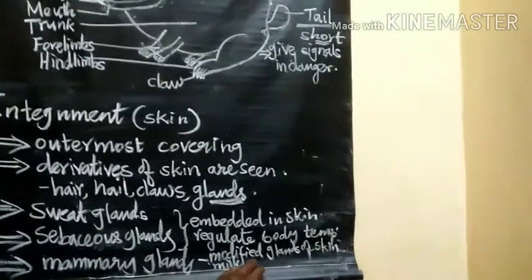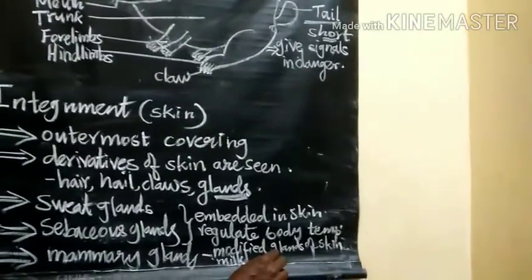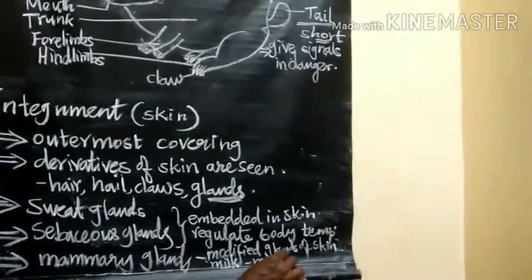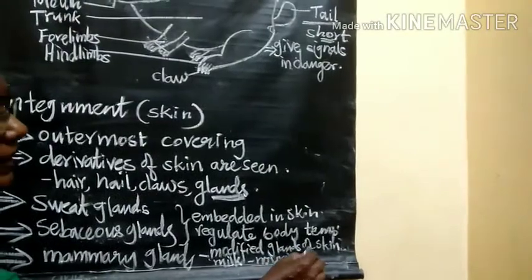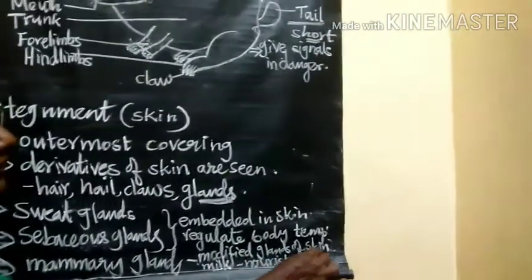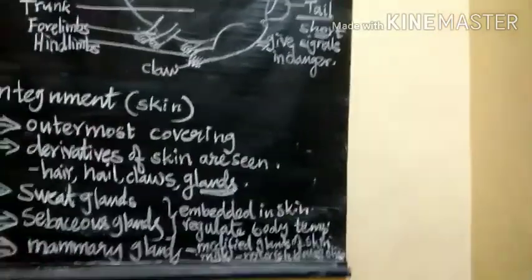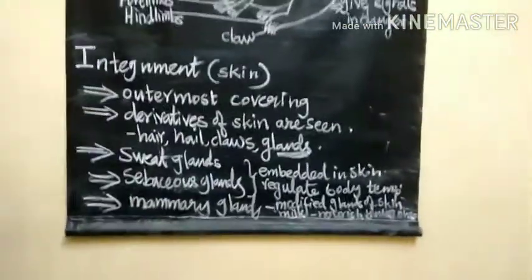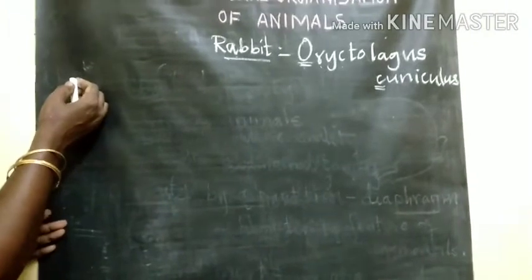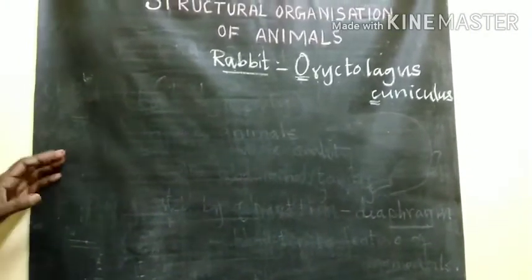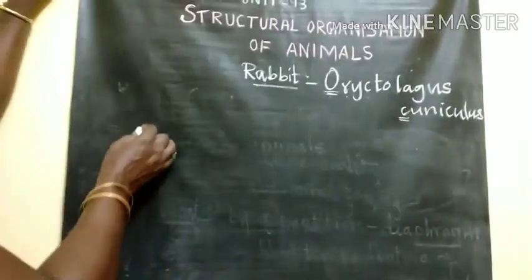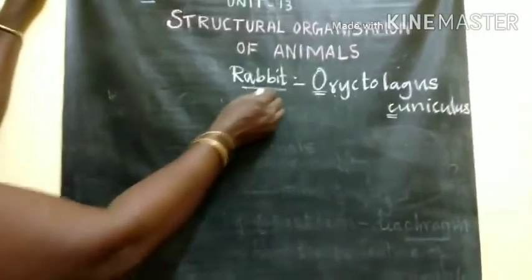And the milk is used to nourish or feed the young ones. Did you understand the structure of rabbit very well?